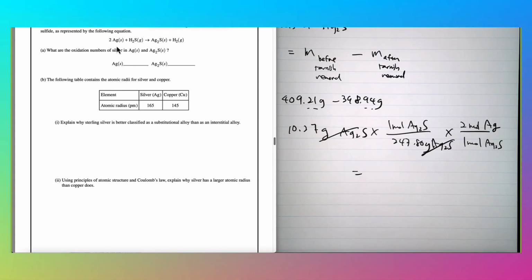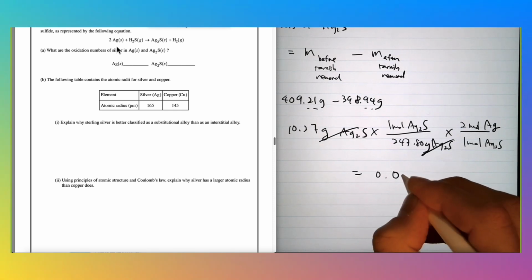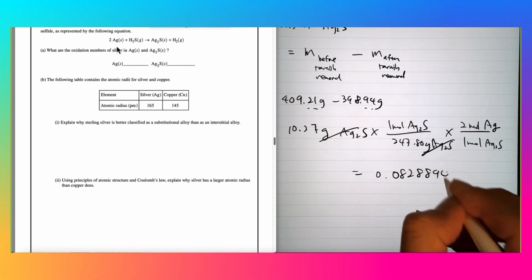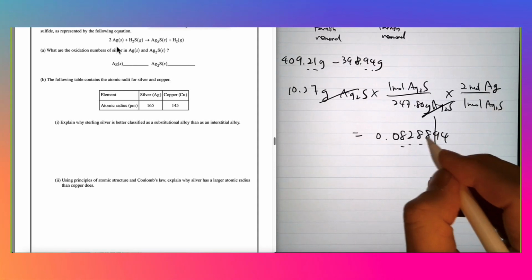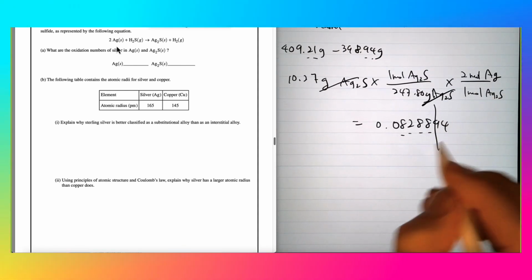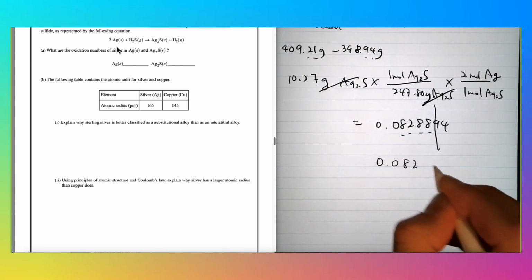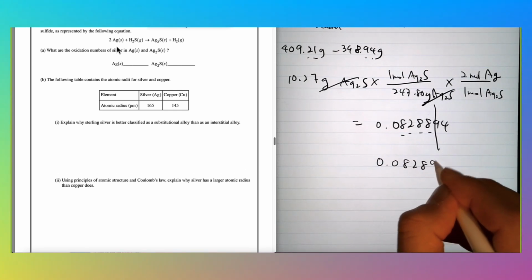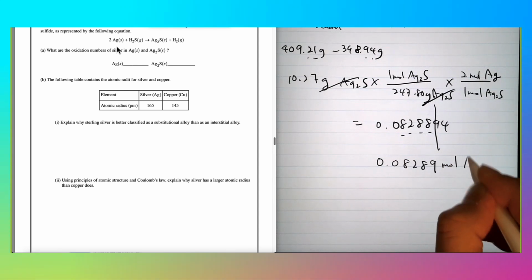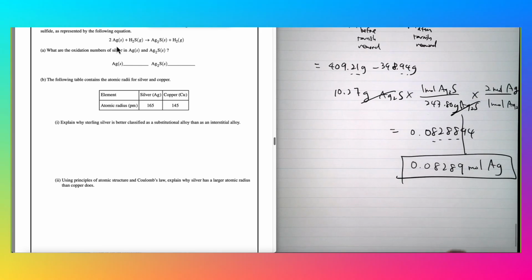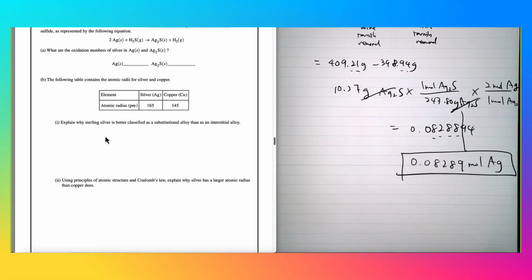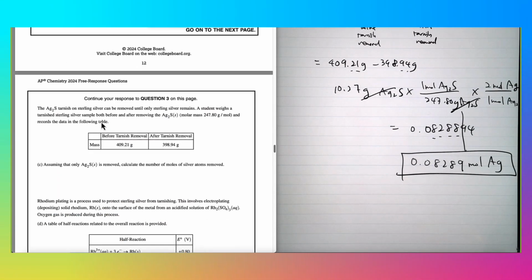So 10.27 divided by 247.8 times 2 is giving me 0.0828894. But 4 sig figs is going to draw a line between 8 and 9 here. Because 9 is big enough, we need to round it up. So 0.08289 moles of silver got removed. Okay, so that is part C.